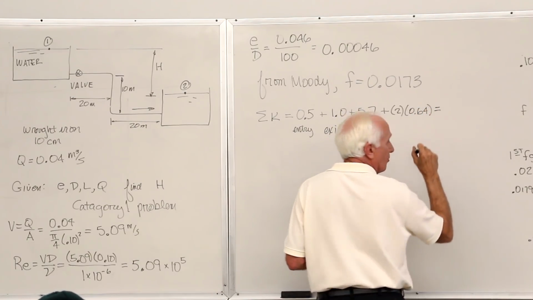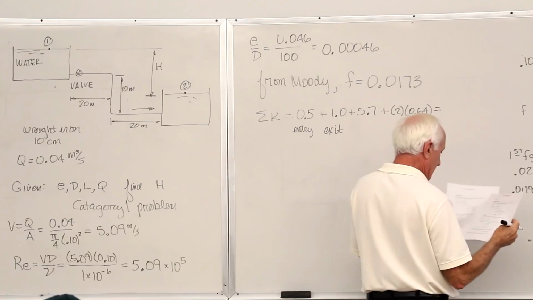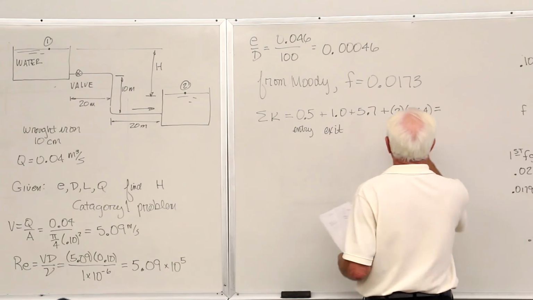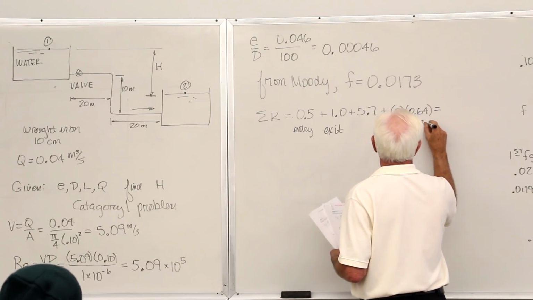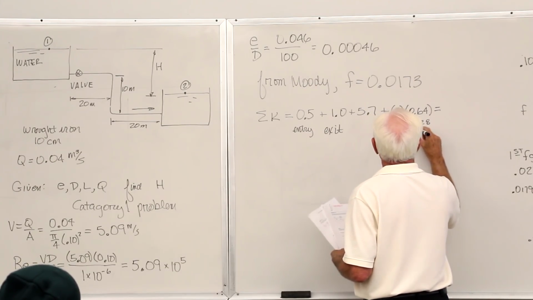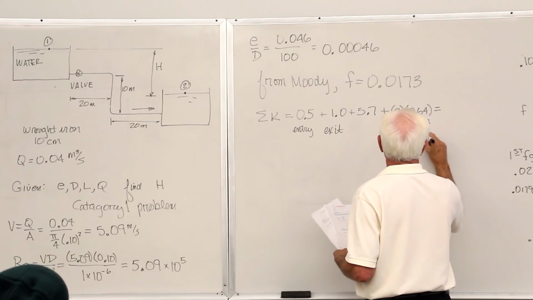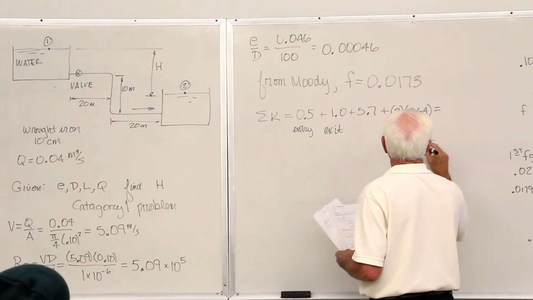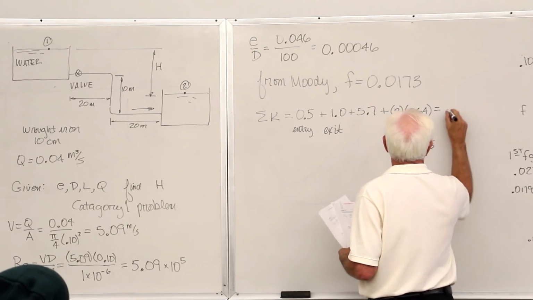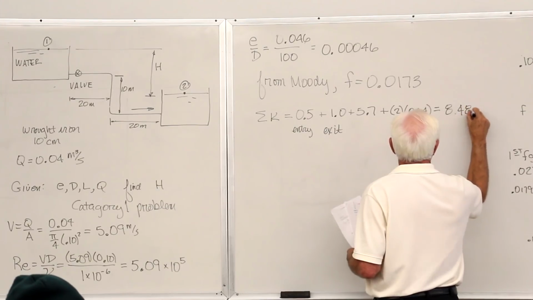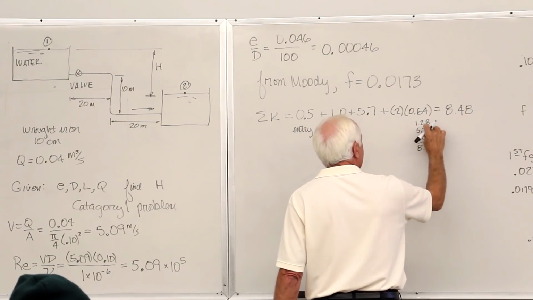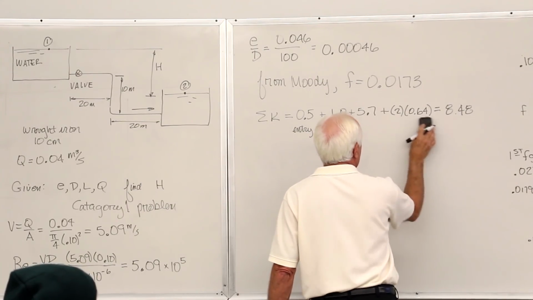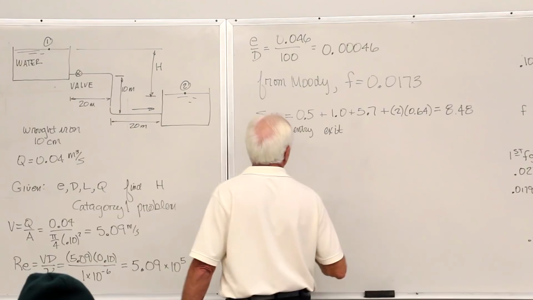The summation of all the minor losses in that pipe network comes out to be, let's see, 1, 2, 8, and 5.7, and 1.5, so those are the summation of the Ks.